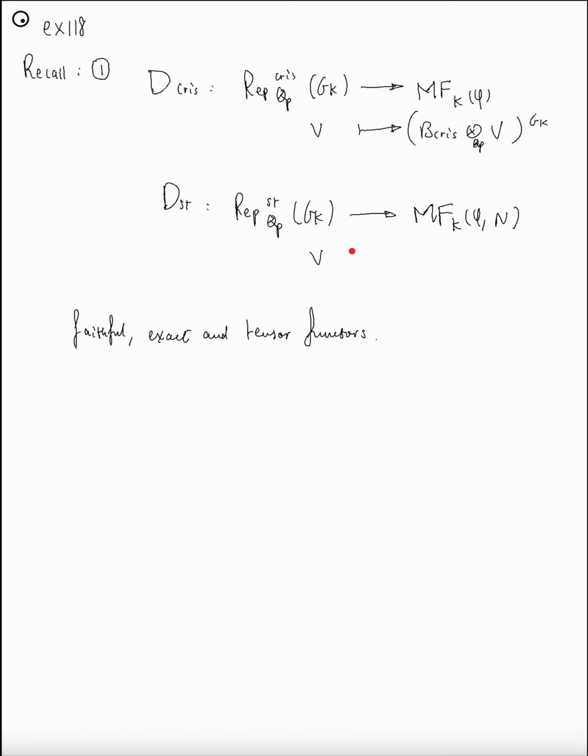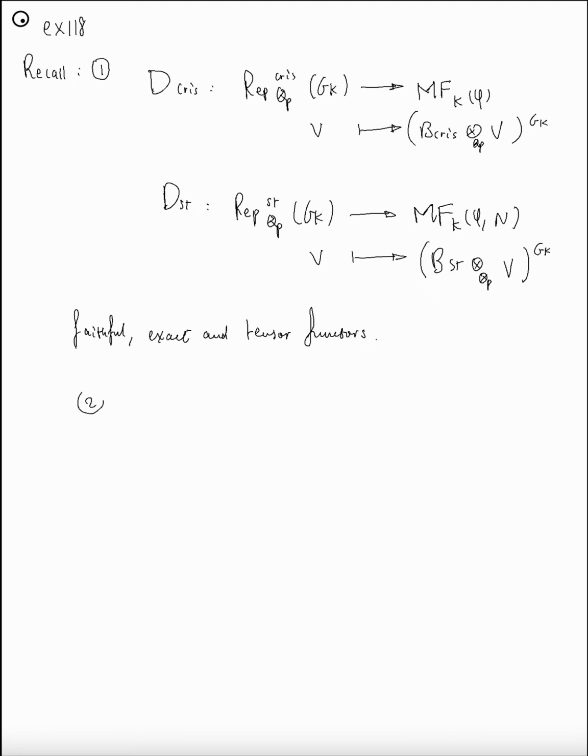For the semi-stable, we have similarly just, instead of B_cris, we have B_semi-stable. So actually we haven't discussed in detail the construction of B_st, not yet. Actually we emphasize on B_cris and crystalline representations.